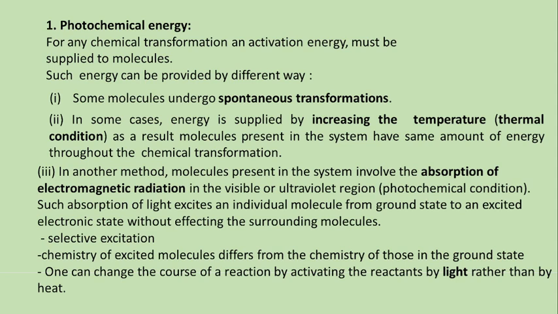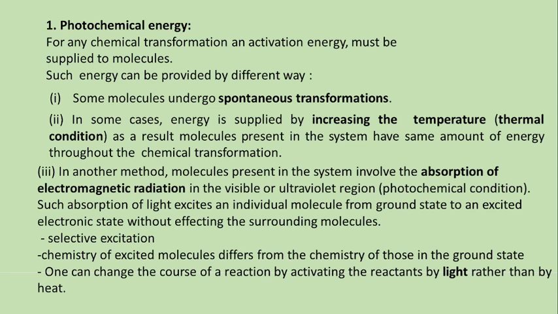In another method, the molecules present in the system involve absorption of electromagnetic radiation in the visible or ultraviolet region. Photochemical condition. Such absorption of light excites an individual molecule from the ground state to an excited electronic state without affecting the surrounding molecules.